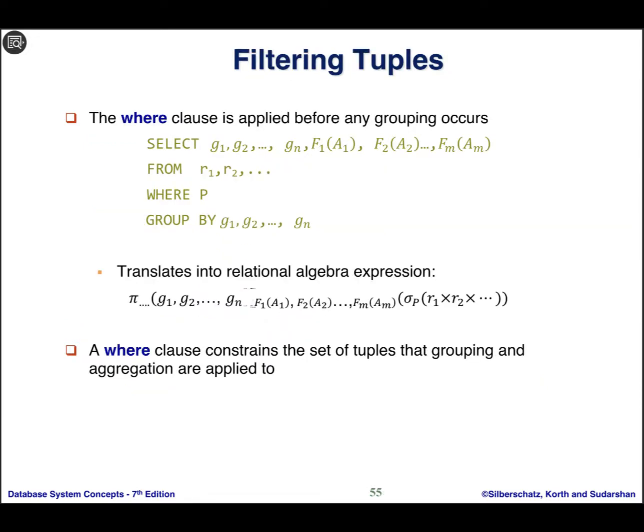Let's do this one. Again, I give you the order of the evaluation. And I want to go over this one again and again. The first one is going to be the from, the second one where, the third one the group by, the fourth one the select. Okay?